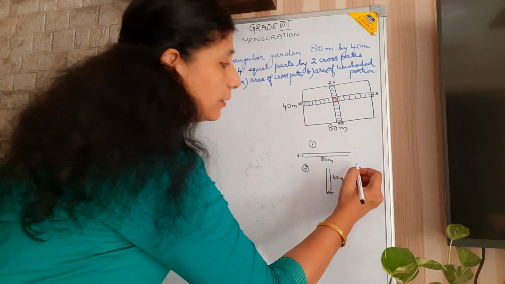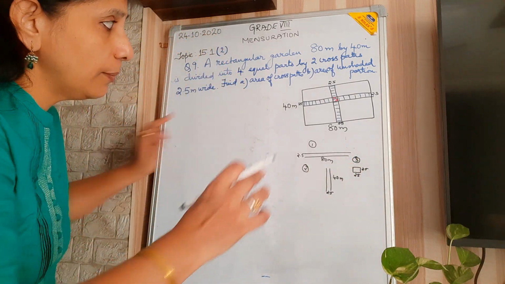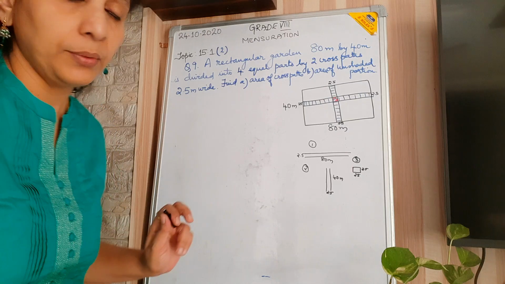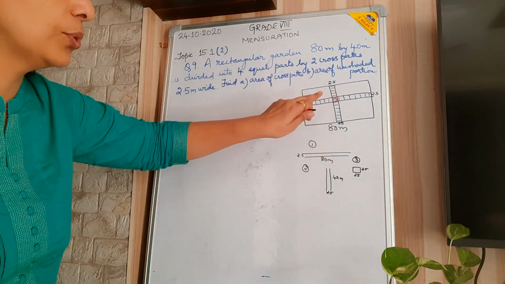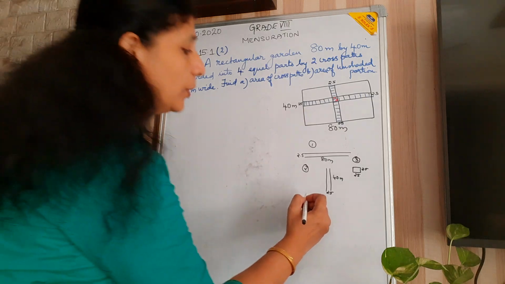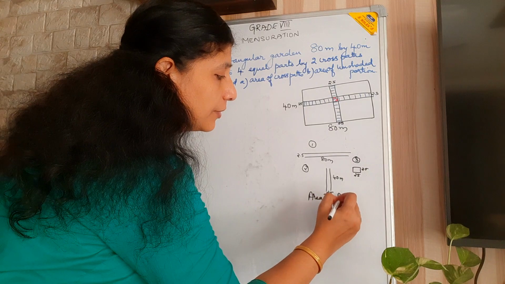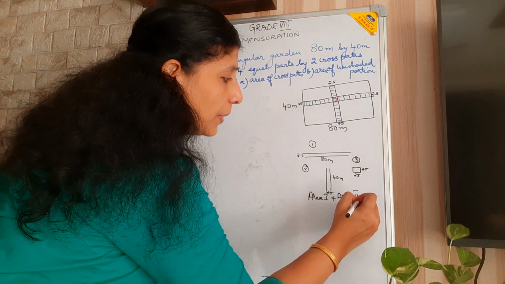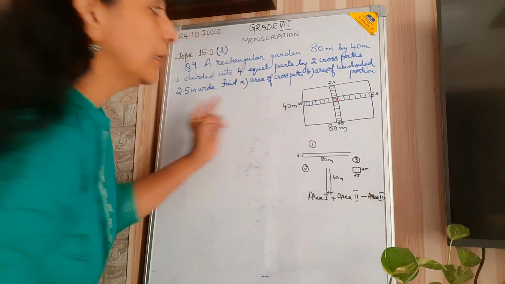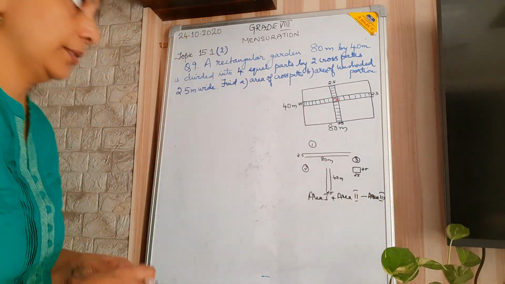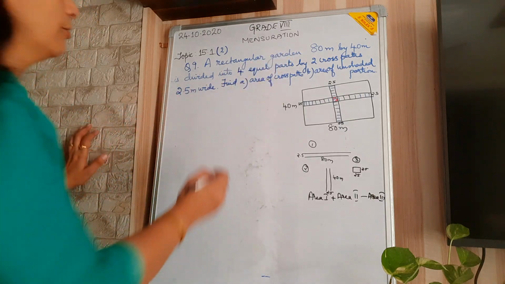So this has to be subtracted. So area of the first plus area of the second minus area of the third will give you the area of cross paths.